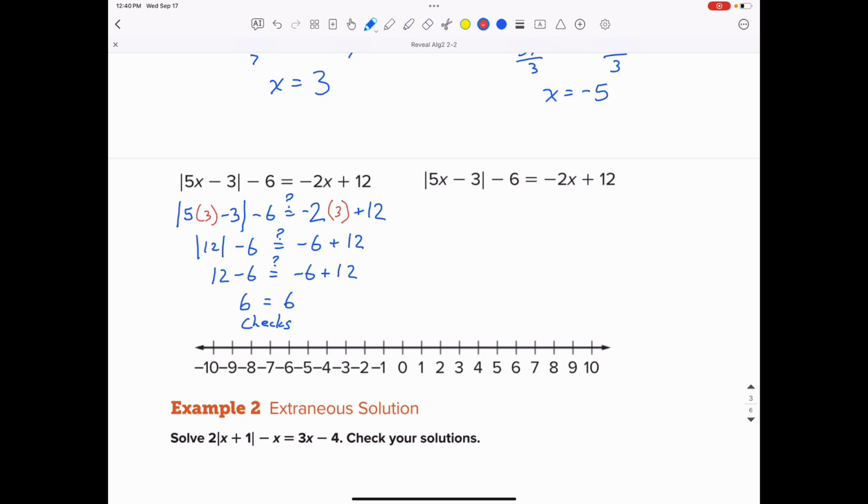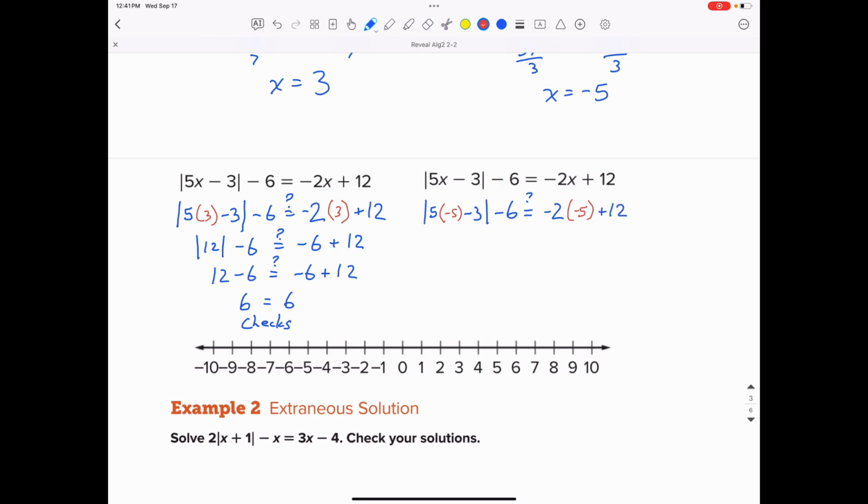And now test if x equals negative 5 is an actual solution. So we do the absolute value of 5 times, replace the x with negative 5, minus 3, then minus 6. Does that really equal negative 2 times negative 5, plus 12?